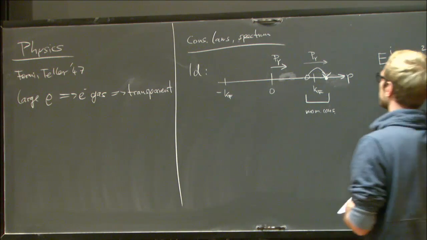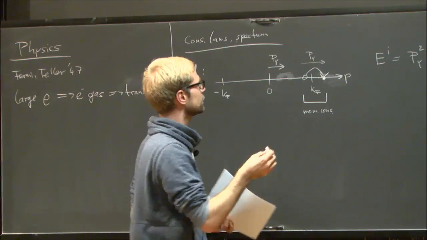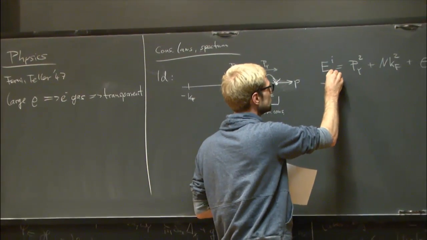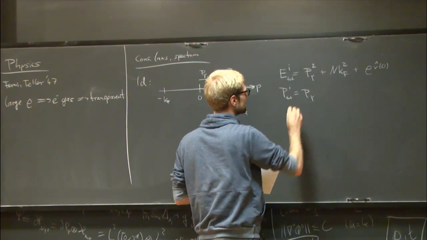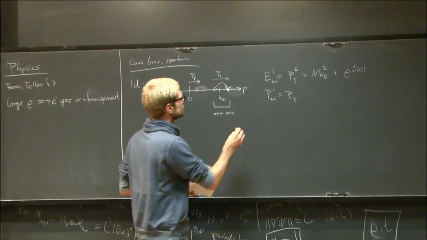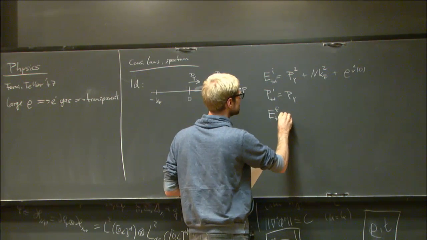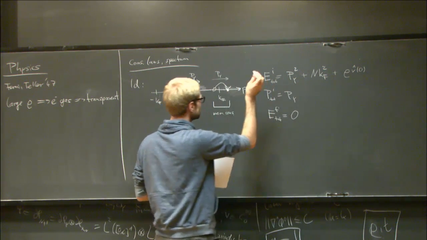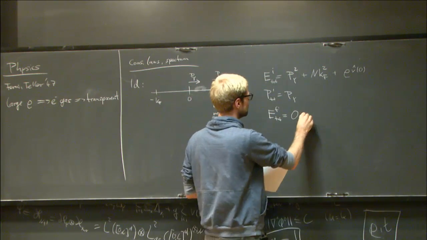Suppose the Fermi sea is really filled symmetrically, so the initial total momentum is just the momentum of the test particle. But after this collision, you have a final total energy. Suppose the test particle has given away all its momentum, so it doesn't have any kinetic energy anymore.